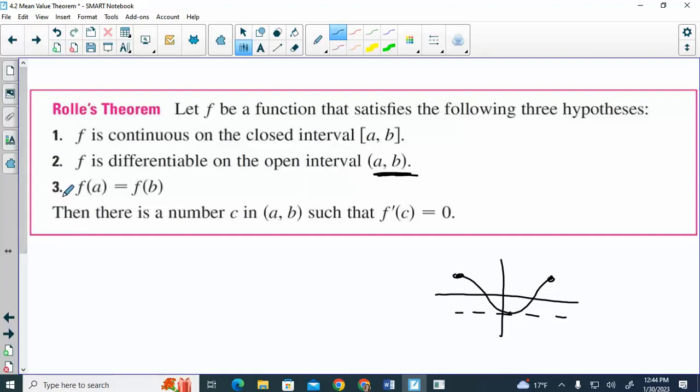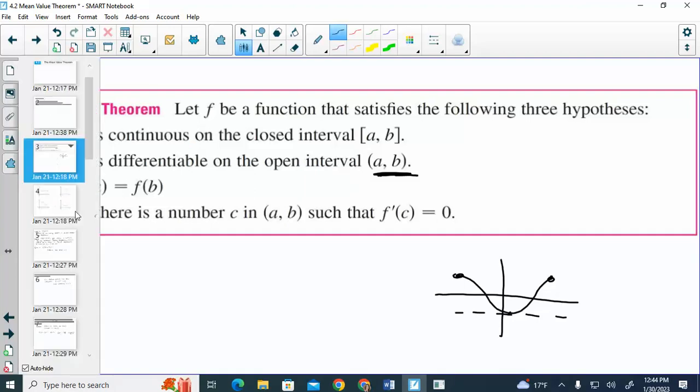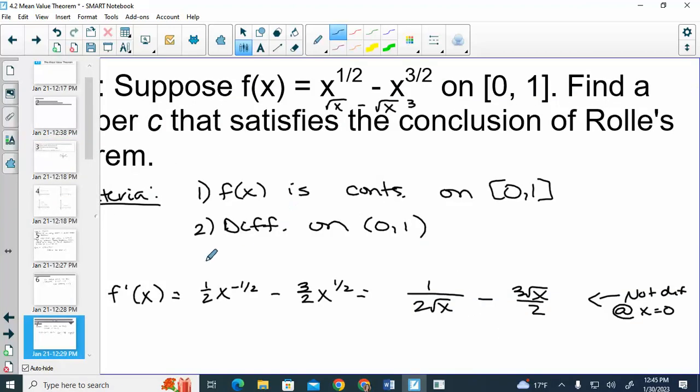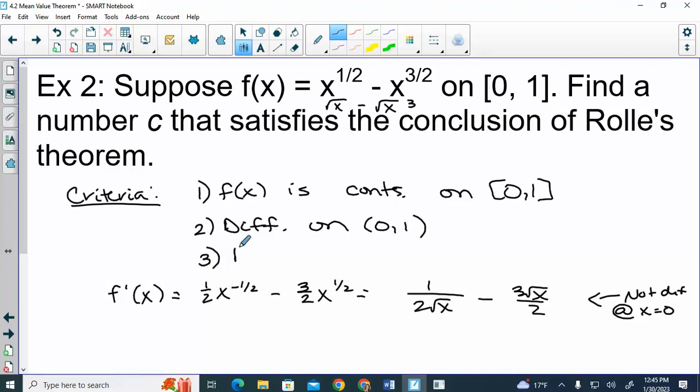All right, third criteria, the endpoints have to be equal. So let's check if that is true. If you plug in 0, we get the square root of 0 minus the square root of 0 cubed, which is 0. If we plug in 1, we get the square root of 1 minus the square root of 1 cubed, which is 0.